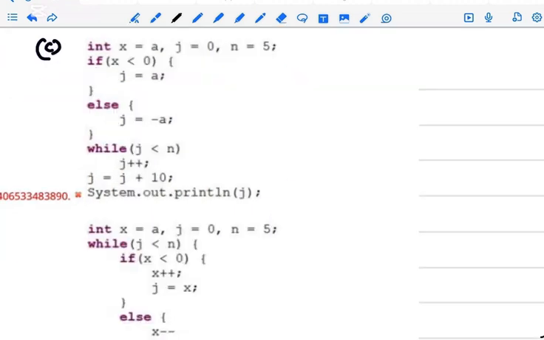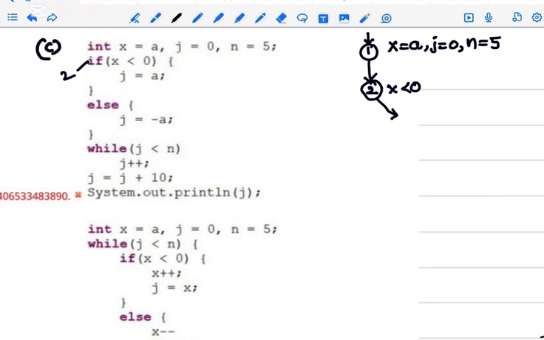For this option C, in a similar manner, node 1 is the initialization, that is x equals a, j equals 0 and n equals 5. After this, the if condition is at node 2, x less than 0.